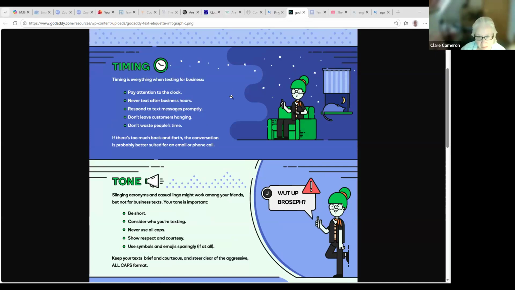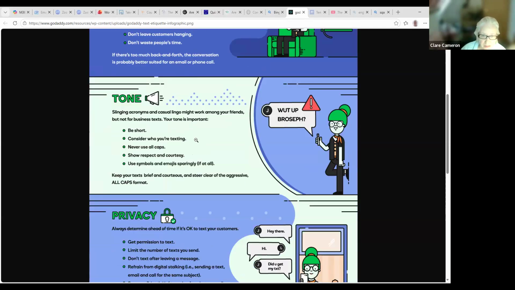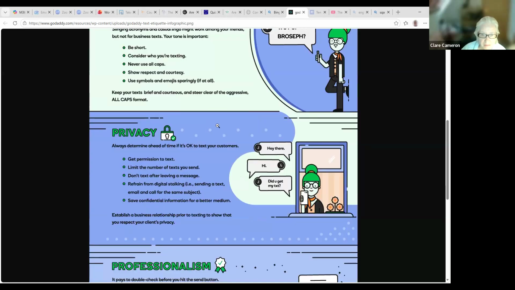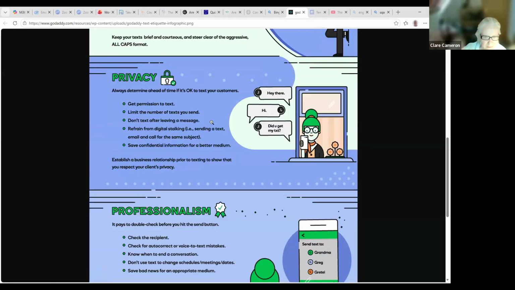Probably you don't have access to students for texting, but some of you may if you're running classes. And the tone, consider what you're texting. Don't use symbols and emojis, be short. Privacy, get permission to text.